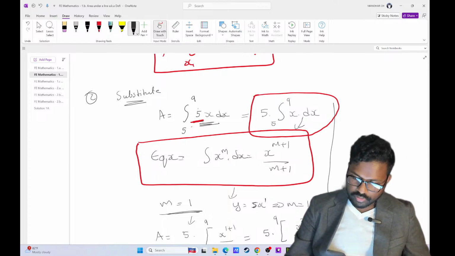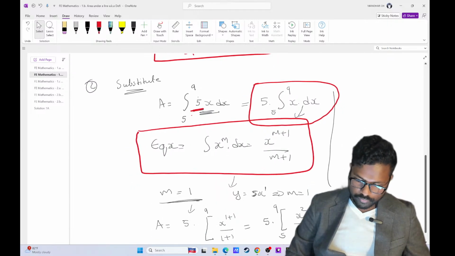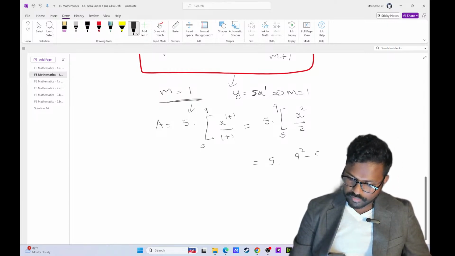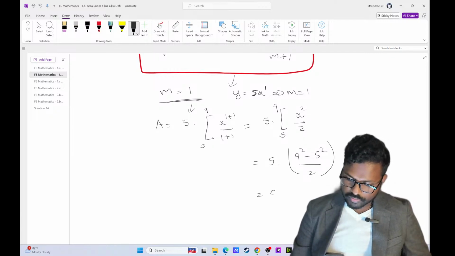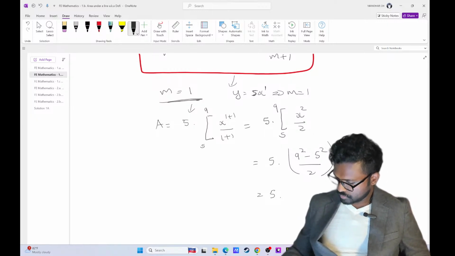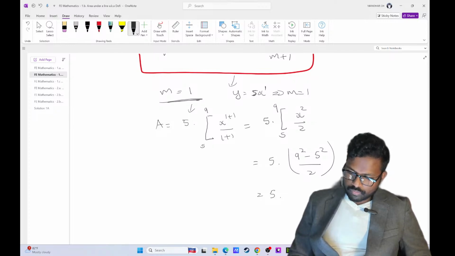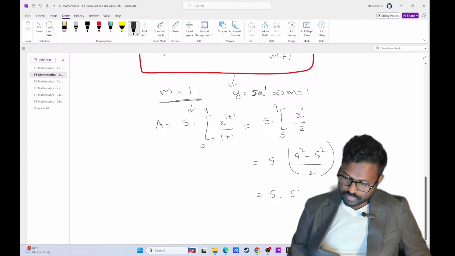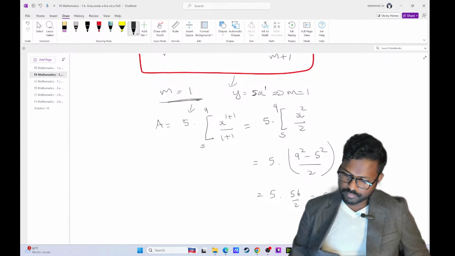But I also prefer to do the manual process. So 5 into 9 square minus 5 square by 2, which gives us 5 into 81 minus 25 by 2, which is 5 into 28, that is equal to 140.